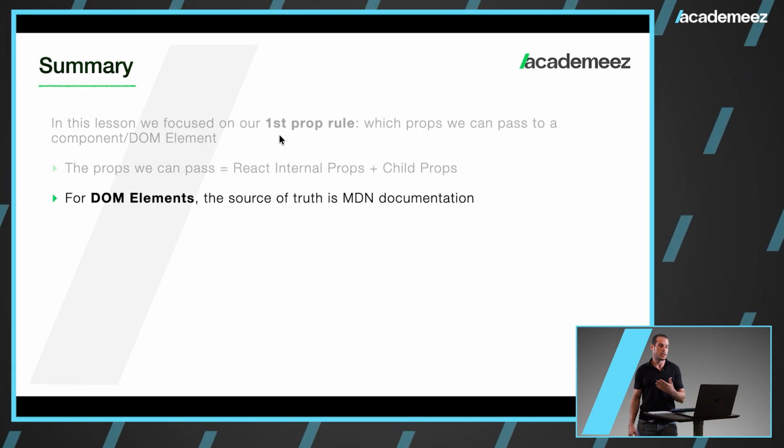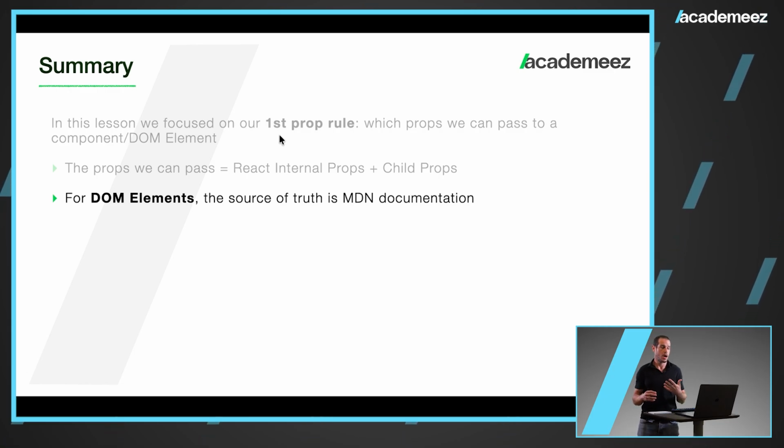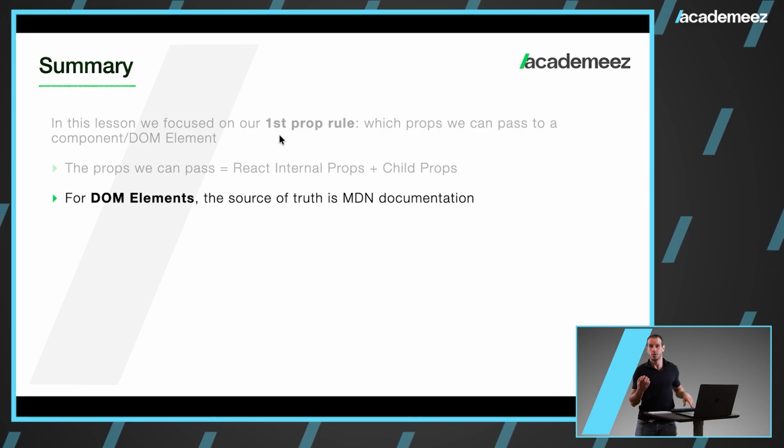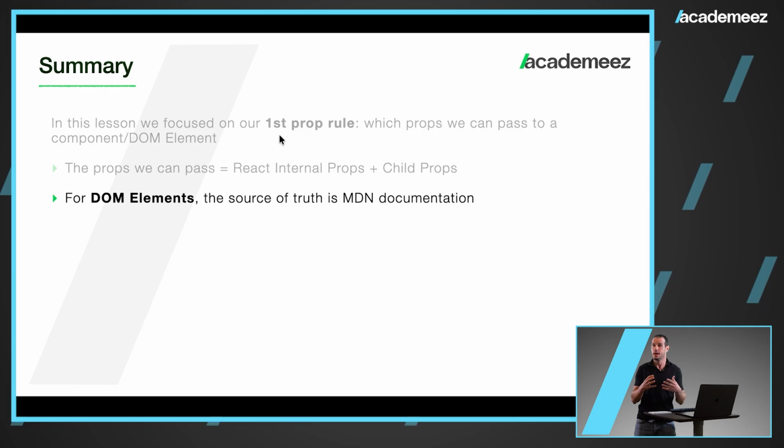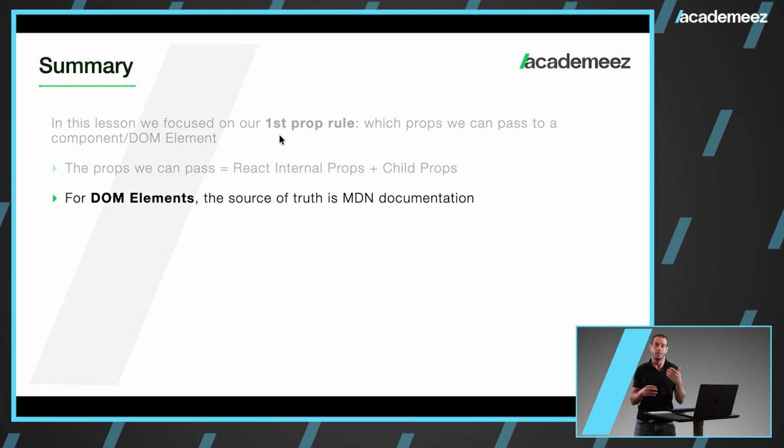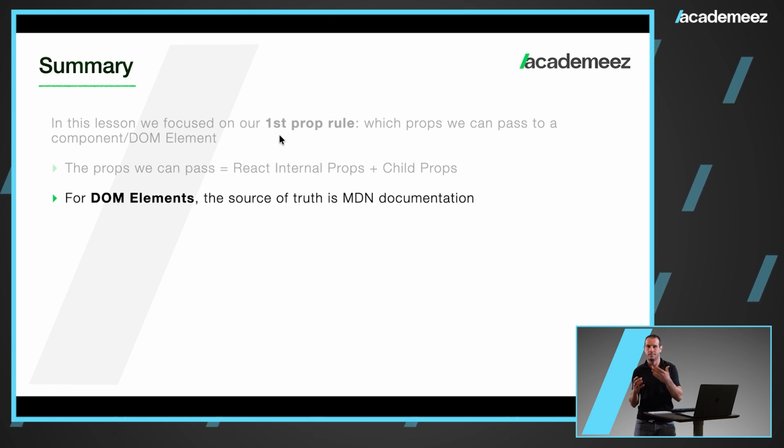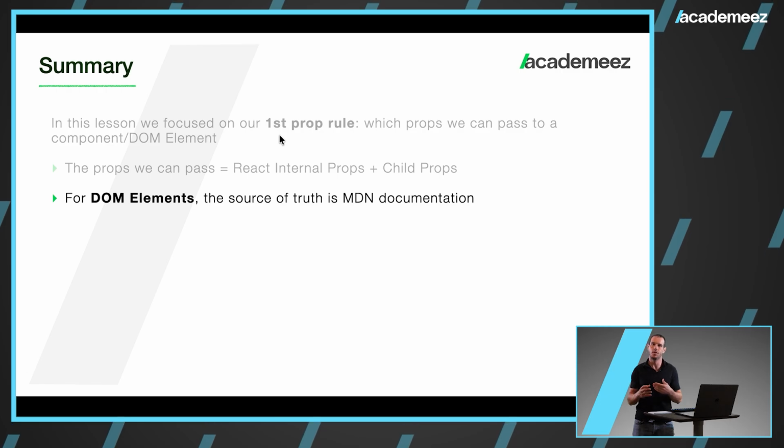For a DOM element, our source of truth for which properties we can pass, which are the child props, is the MDN documentation. And you should remember that the props that you can pass to a DOM element are not identical to HTML attributes. So we saw that one of the props you can pass is className. In HTML it's class, but in JSX the prop is called className. For is called htmlFor in JSX.